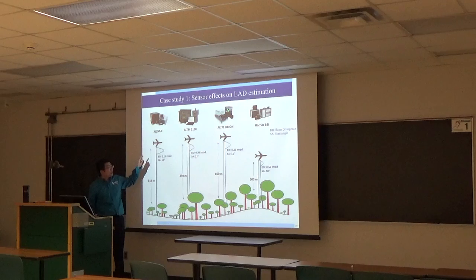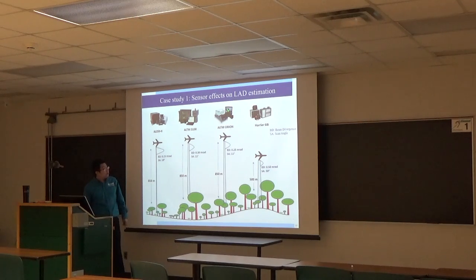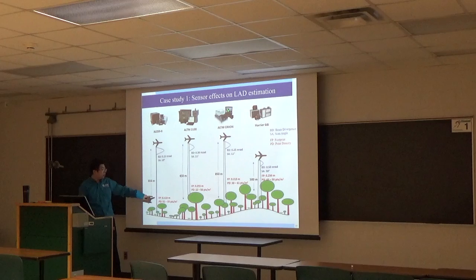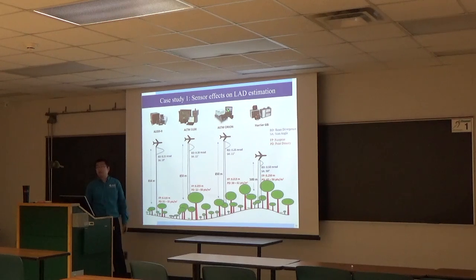There are also different scan angles, like 10 degrees for one and 13 for another. It's all different. They also have different footprints, some large and some small. That means the touched area of the canopy may differ based on the footprint.